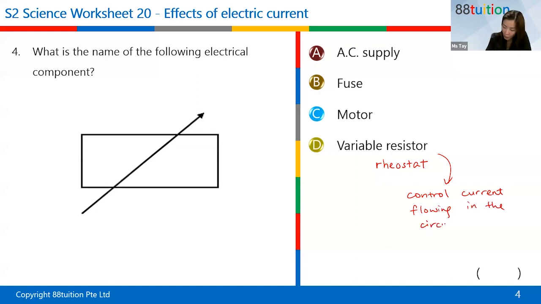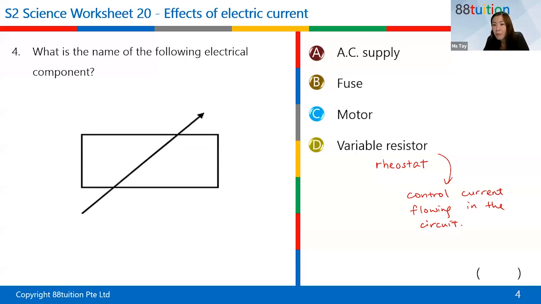Meaning, if I want a lot of electrical current flowing through so that the bulb lights up brighter, I must make sure I have a low resistance. But if I want very, very little current to flow through so that the lamp will be very dim, then I must ensure there is a high resistance there.